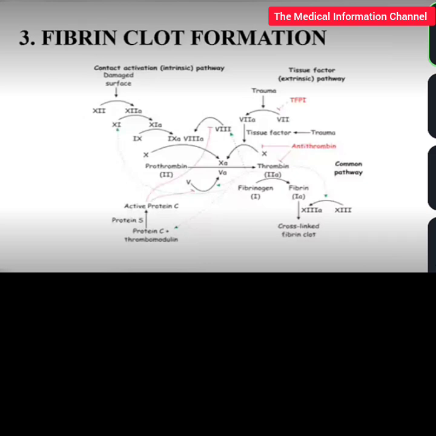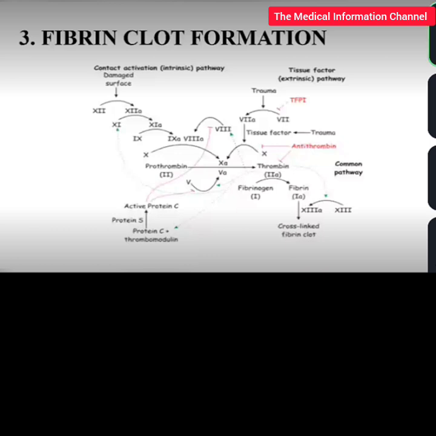So for fibrin clot formation, it follows the coagulation cascade, which I'll be using this diagram to explain. So the coagulation cascade entails two pathways, the extrinsic and the intrinsic pathway, which then meet in a common pathway. Starting with the extrinsic pathway, this one occurs immediately there's vessel damage, which then causes the release of tissue factor, which activates factor 7, then activated factor 7 activates factor 10.